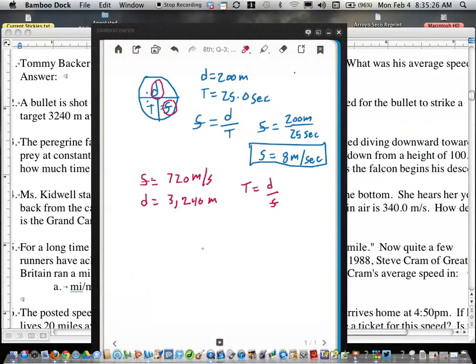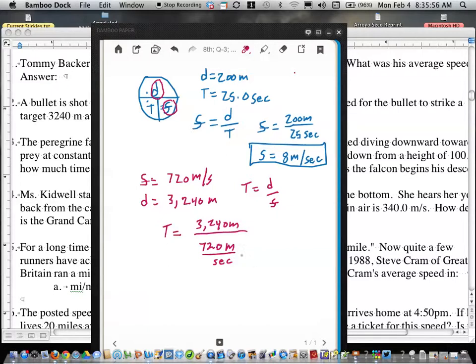And here it comes. All we do now is plug in the numbers. T equals 3,240 meters divided by 720 meters per second. Now, point of fact, you guys have studied division of fractions. Yes.